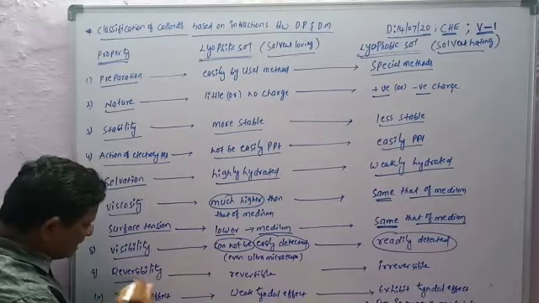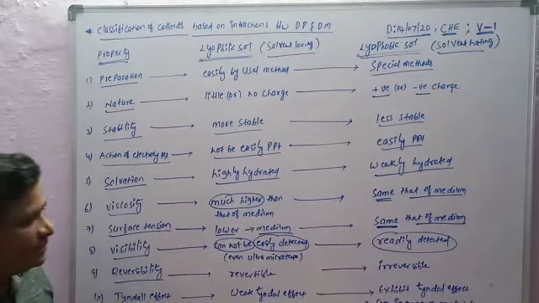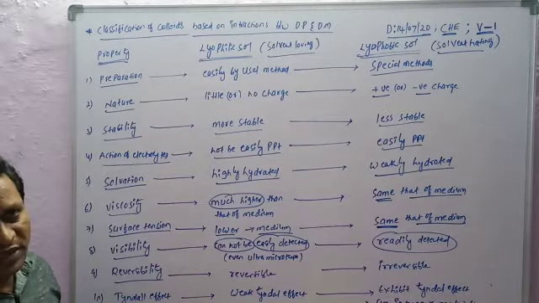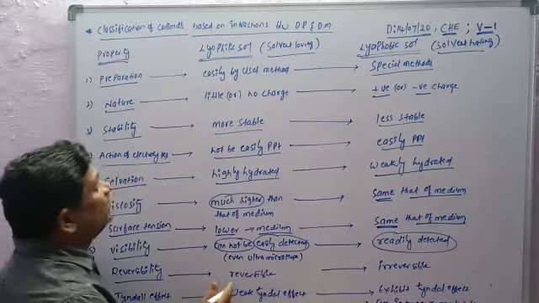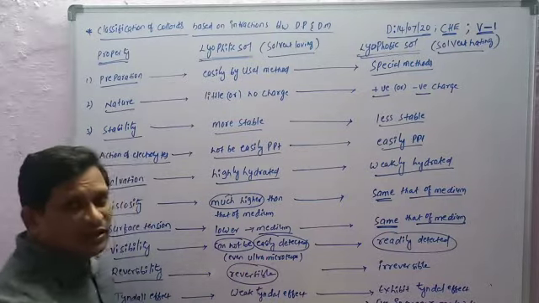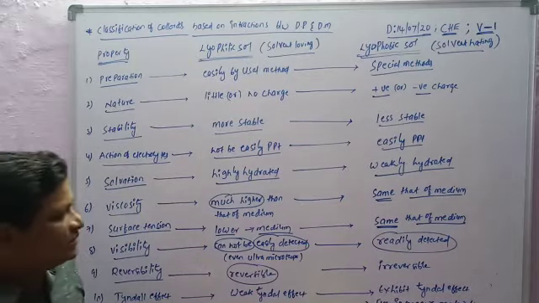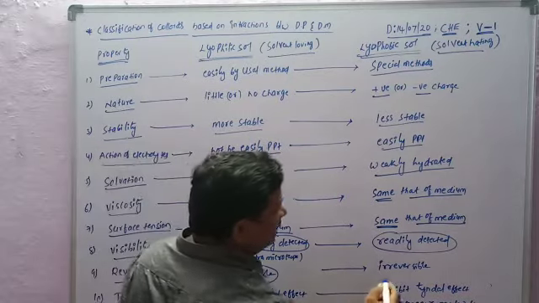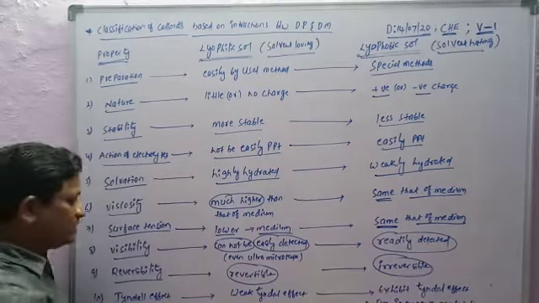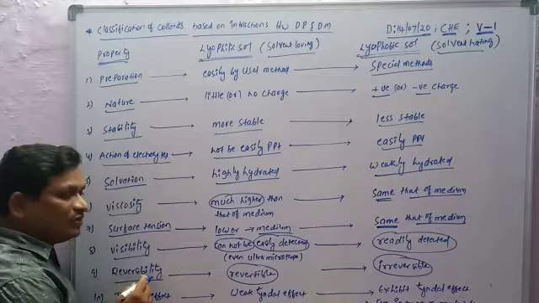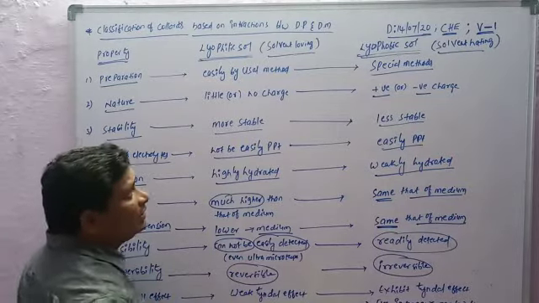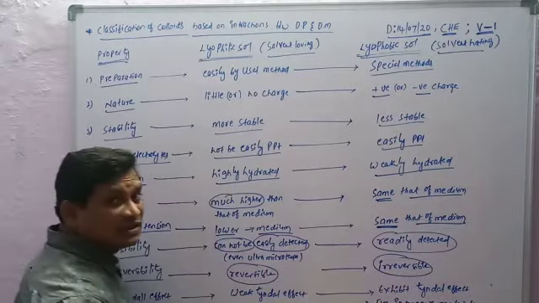Next one is reversibility. Reversibility means forward and backward reactions take place. Lyophilic sols are reversible, but lyophobic sols are irreversible.